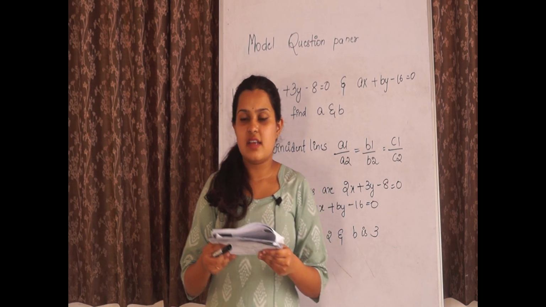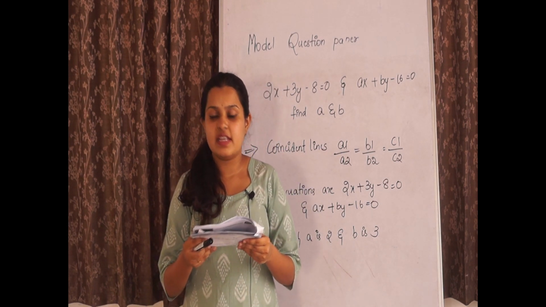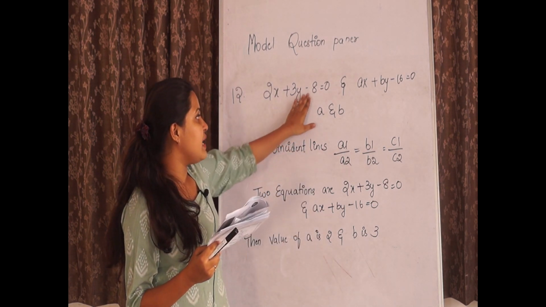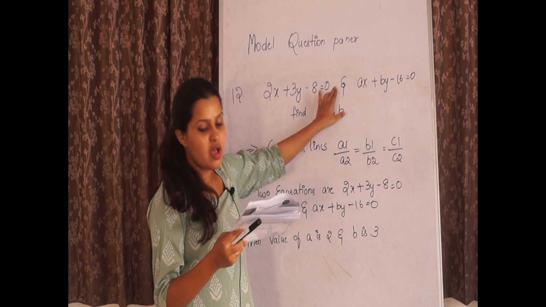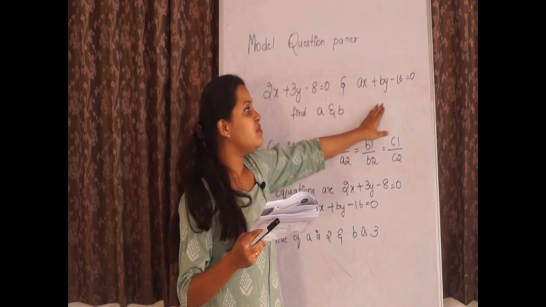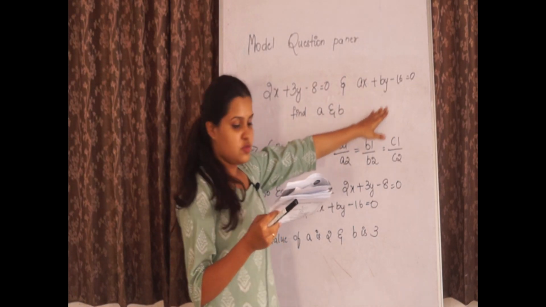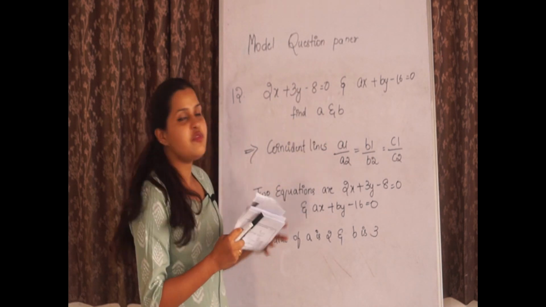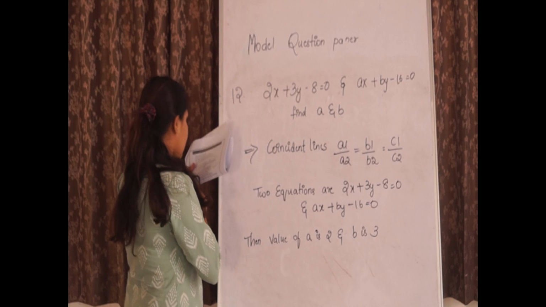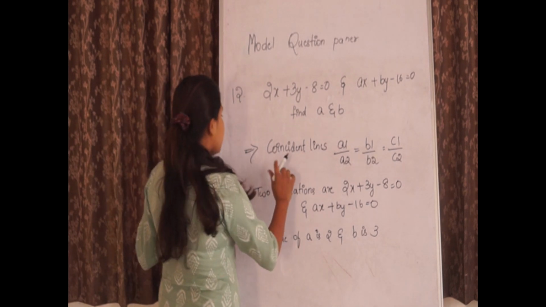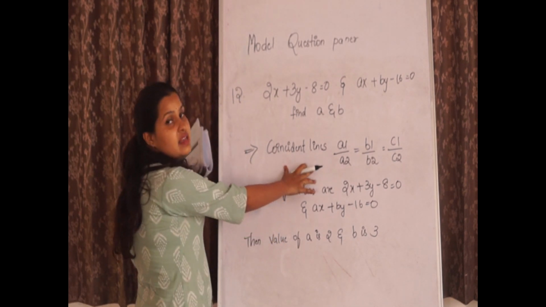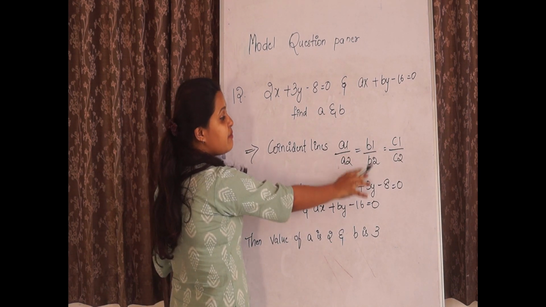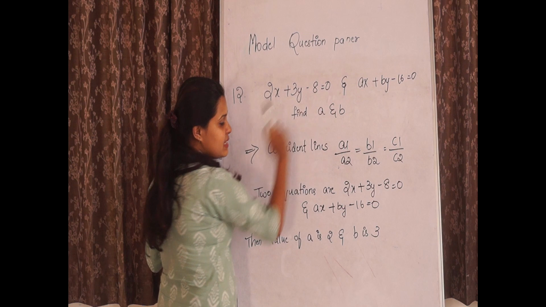If the lines represented by the pair of linear equations, that is 2x + 3y - 8 = 0 and ax + by - 16 = 0, are coincident, then find the value of a and b. So we know that coincident lines satisfy a1 by a2 = b1 by b2 = c1 by c2.